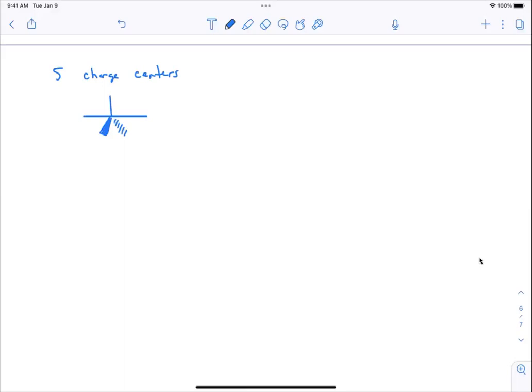Okay. So something like PCl5 that has 5 charge centers is going to look like this. And it has a very specific shape name, okay? I drew it sideways, but what you want to think about is this.